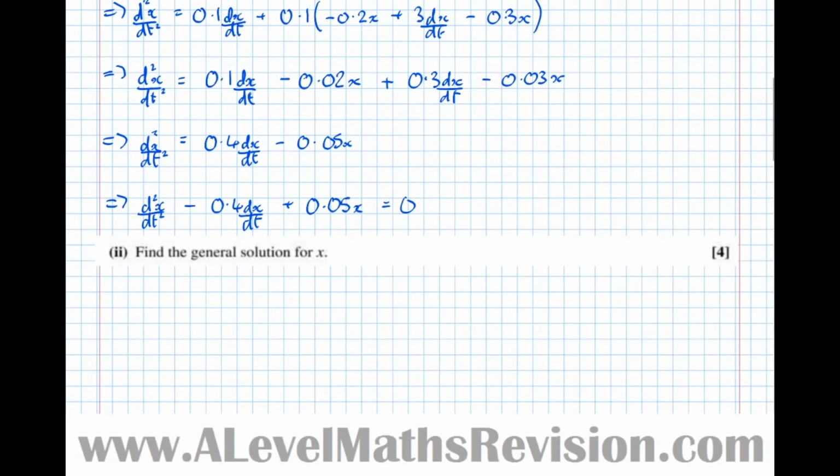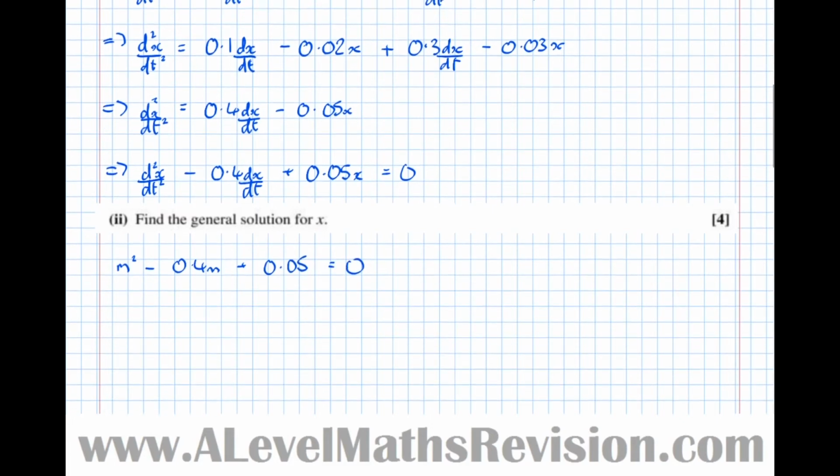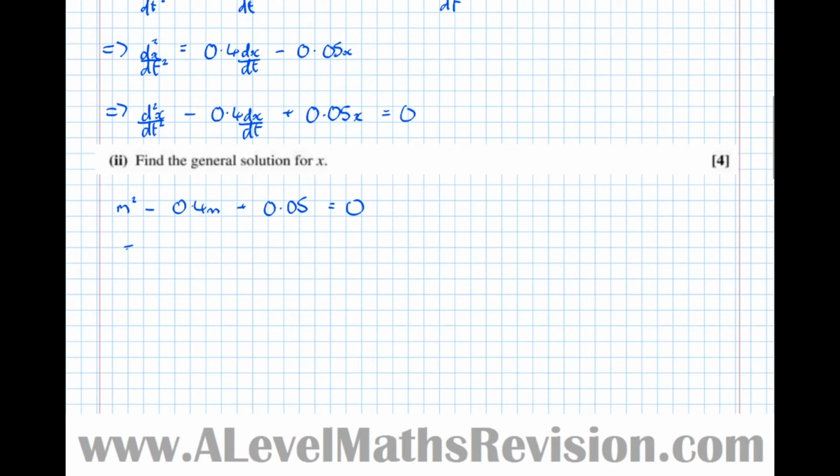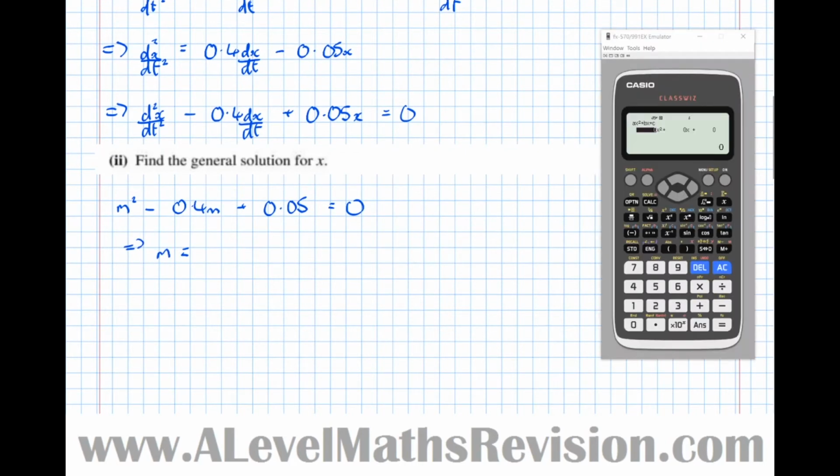So anyway, find the general solution for x. So the first thing we do when solving a second order differential equation is make the auxiliary function. So m squared minus 0.4m plus 0.05 equals 0, and solve that equation there. Which means that m equals, and because it doesn't say show full working or detailed reasoning, we can just use the calculator solver.